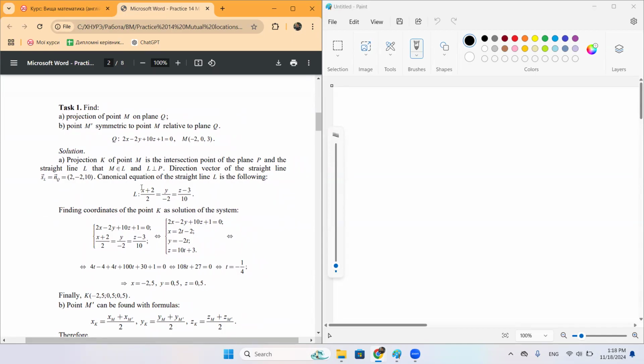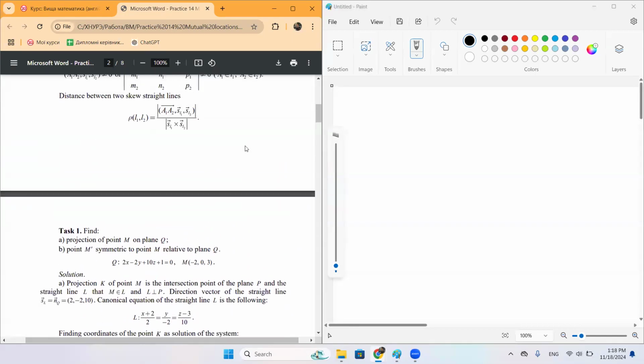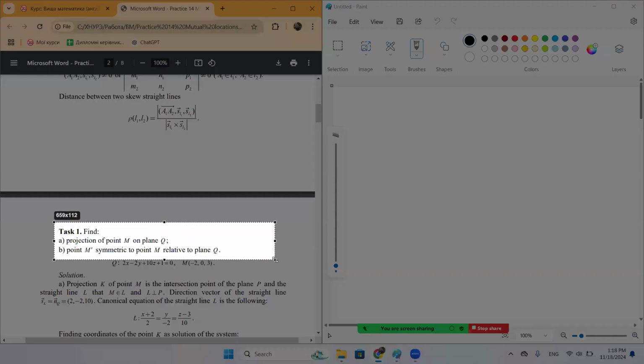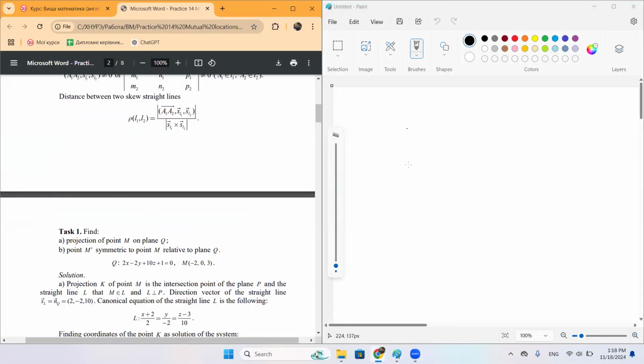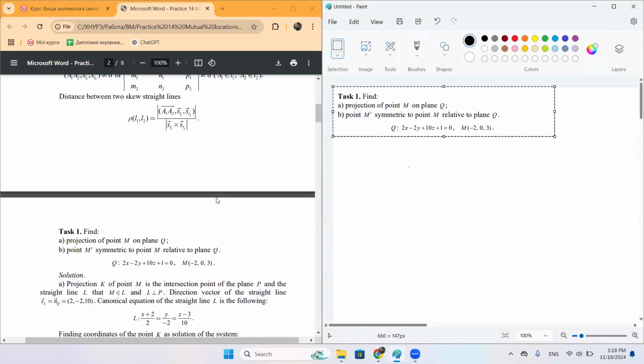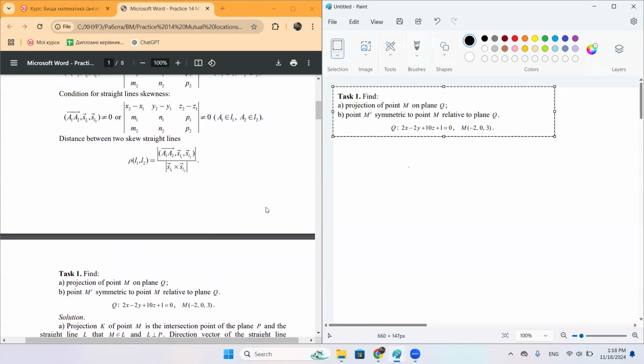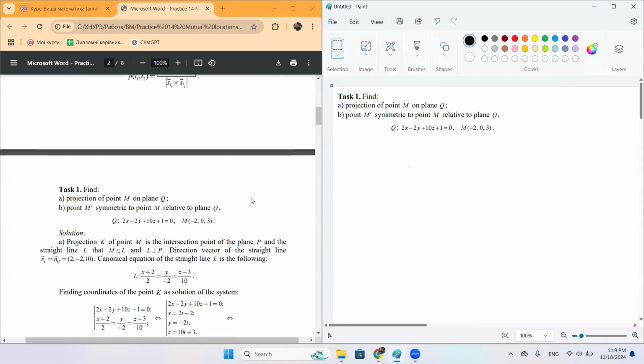Okay, if no questions, let's start solving. First of all, we need to find the projection of point M on the plane Q. How to find it?